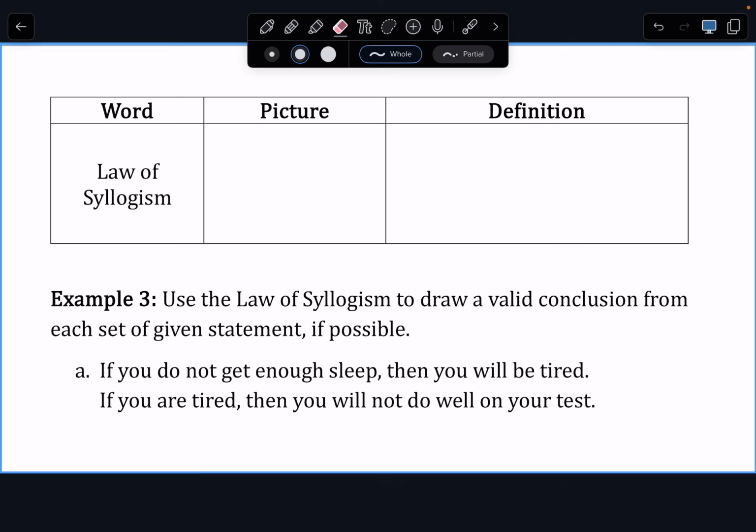Syllogism. Okay? This is what you worked with in your warm-up activity. If P implies Q and Q implies R are both true.